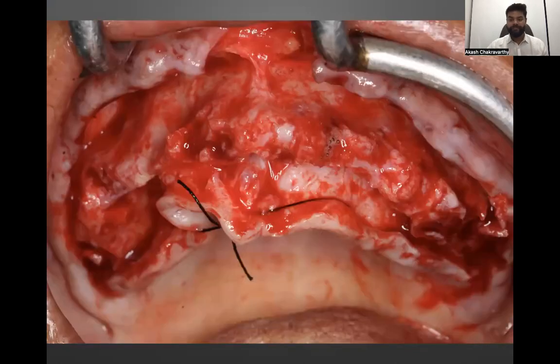Now, if you notice, after I have taken the full thickness flap, you see the thickness of the bone is very less. That is why I wanted to show you this case. If you have very adequate, good bone, that's great. But if you have very little bone like this, in these situations also, all-on-4 is good, except you have to practice a few bone modification processes to achieve primary stability in these cases.